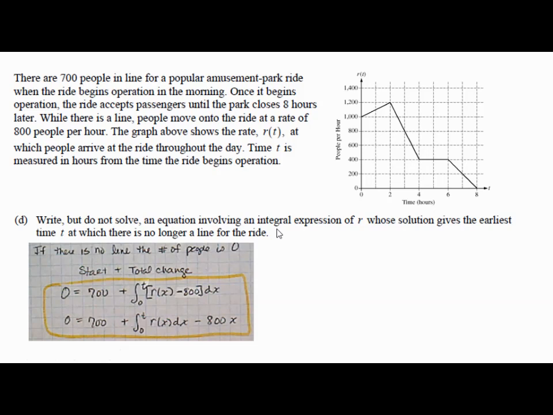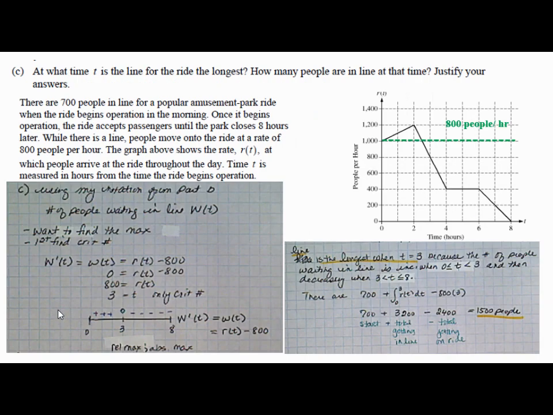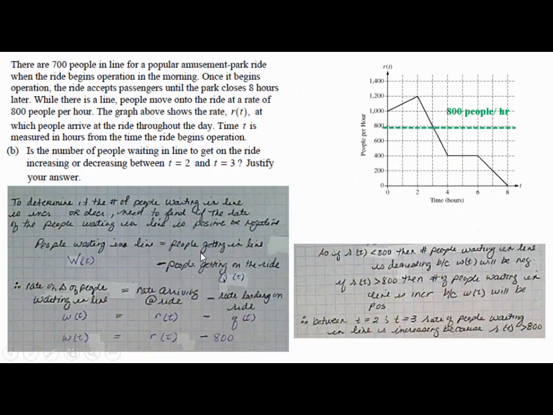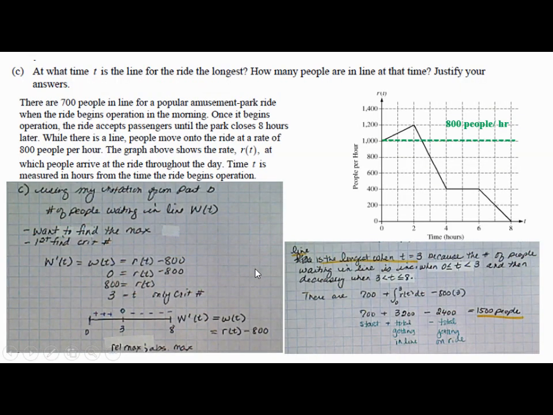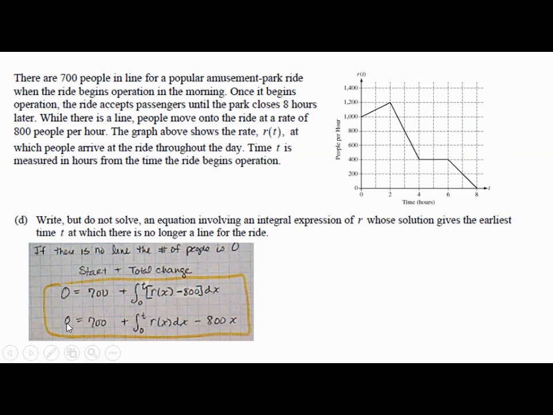If there is no longer a line, that means there are no people waiting in line. So remember that people waiting in line will be people getting in line minus people on the ride. But we do have to start off with the fact that we had 700 people to begin with, plus this, my total change of the people waiting in line.